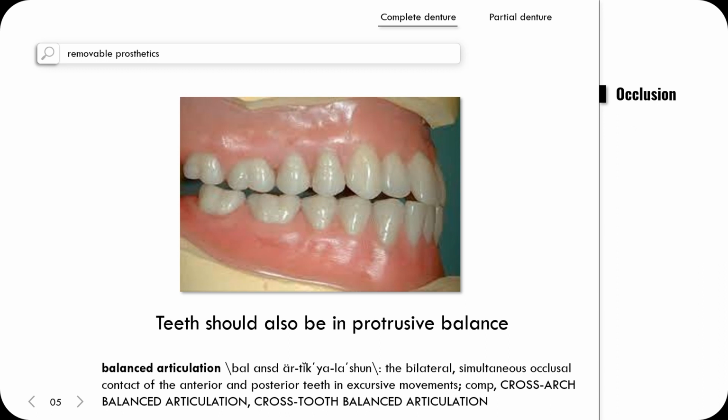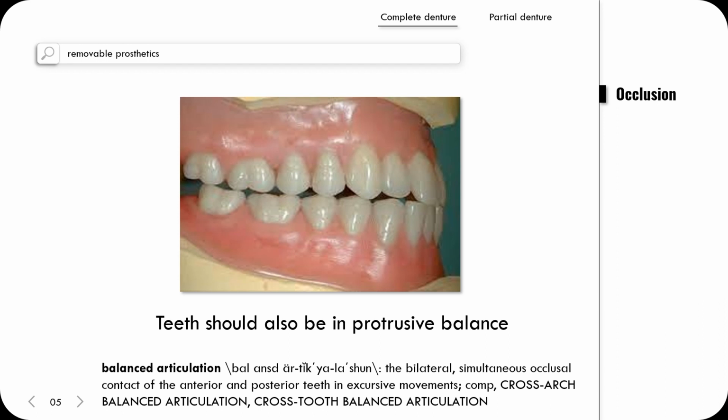And in order to achieve this protrusive balance, especially by the time the patient gets to the edge-to-edge position, meaning the incisal edge of the uppers comes in contact with the incisal edge of the lower teeth, in that position you want the back teeth also to come in contact with each other.